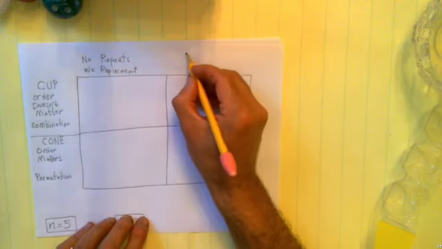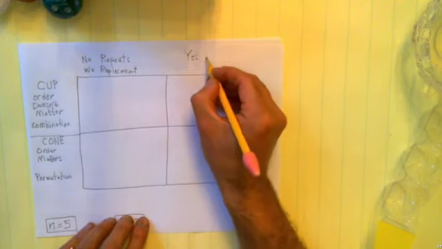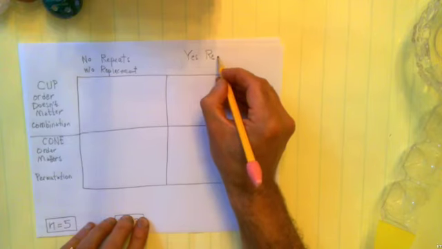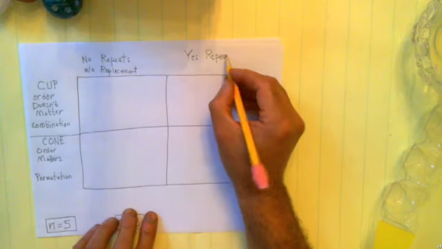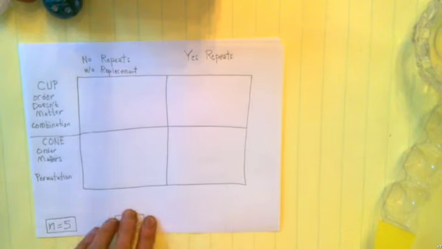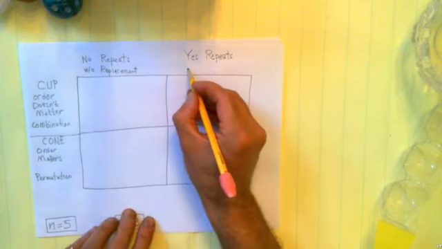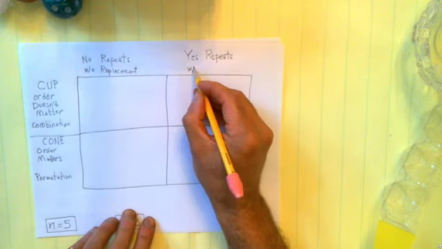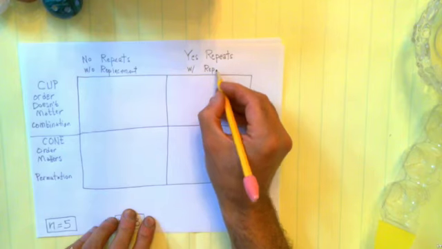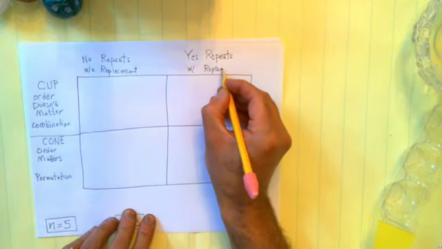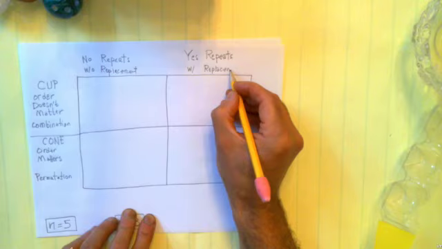And then this is yes repeats, meaning you're allowed to repeat. If you have a favorite, you really love chocolate, you're allowed to have repeat scoops of chocolate, for example, or any other of the 5 flavors. And this is with replacement. The parlor does replace. They give you a scoop, they replace it. So they don't run out.